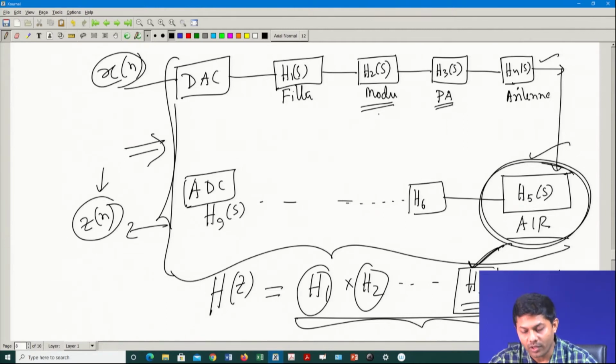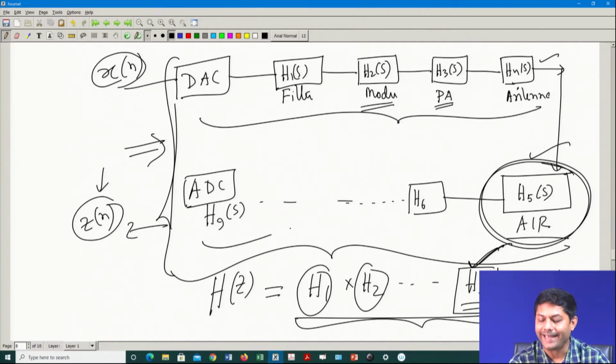But for the time being, we will assume that all these components are just a gain, not creating any phase distortion. So, this is where our interest is, this whole part, the RF part.